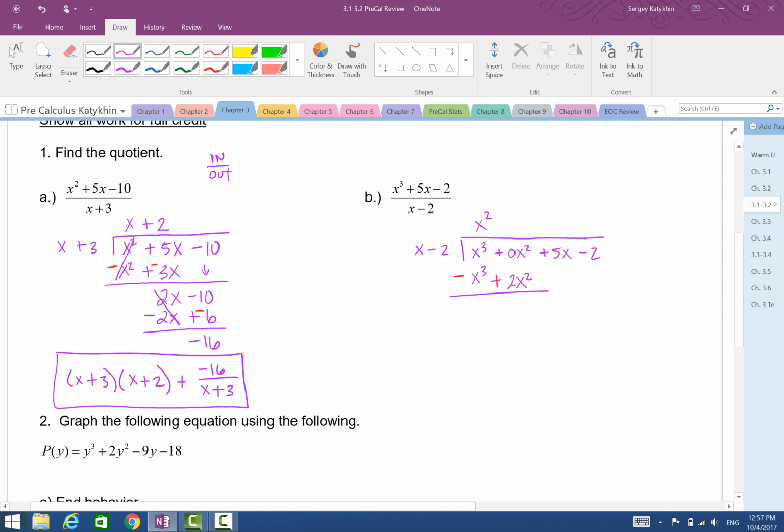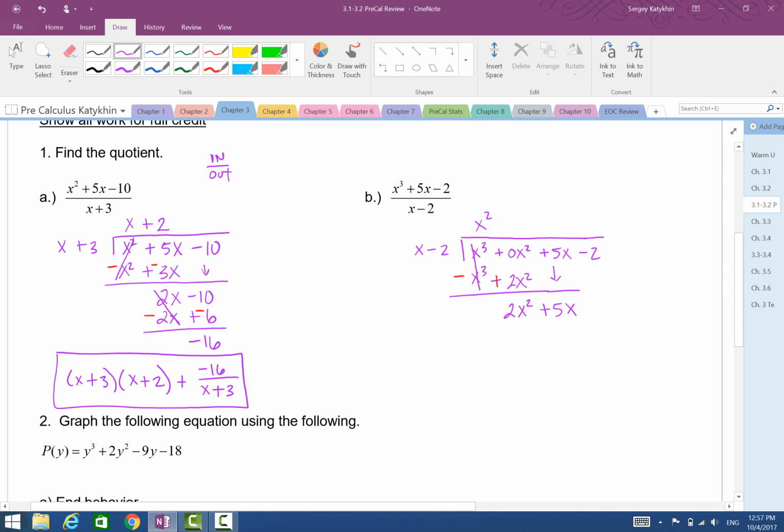So x to the third minus x to the third gives us 0. 0x squared plus 2x squared will give us positive 2x squared. Now remember, we want to bring this down, and we get positive 5x added to the 2x squared.